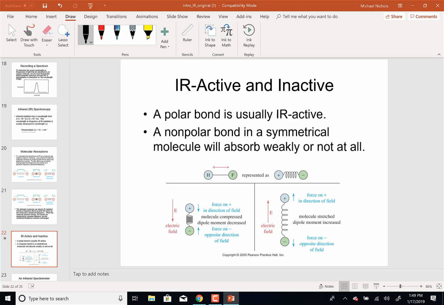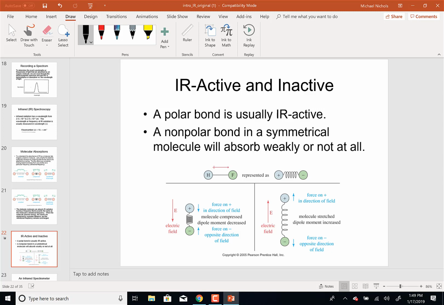Because one of the quantum mechanical rules on all of this is that as the bond gets closer and farther away as it vibrates, the dipole moment changes. So when the atoms are closer together, you have a stronger dipole. When the atoms are farther apart, you have a slightly different dipole. Well, remember, the molecular dipole is what we use to figure out whether a molecule is polar or not. So you have to have a polar molecule.